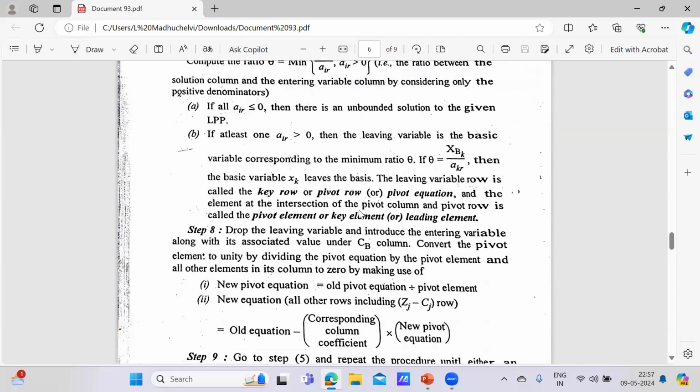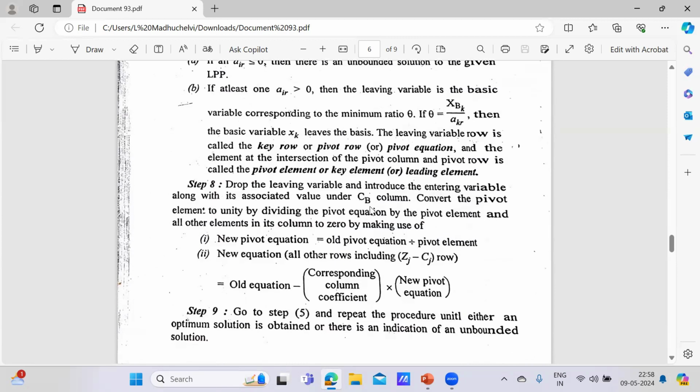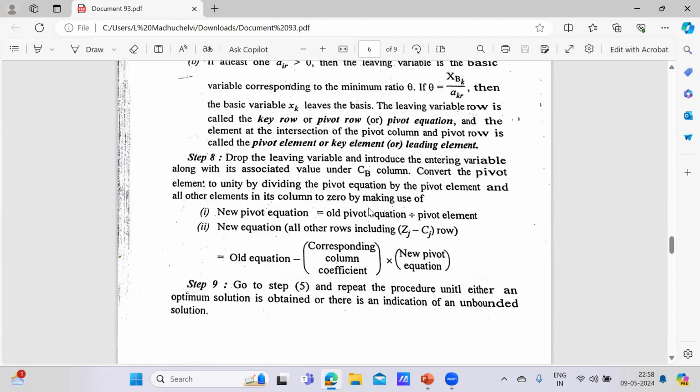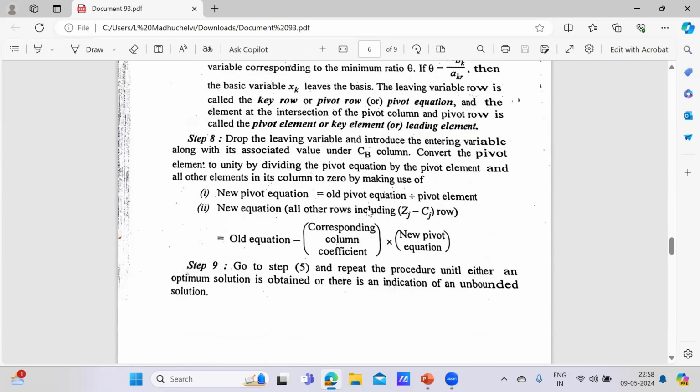The next step is to drop the leaving variable and introduce the entering variable along with its associated value under the CB column. Now convert the pivot element into unity by dividing the pivot equation by the pivot element, and all other elements in its column to 0, using the formulas. First, new pivot equation equals old pivot equation divided by the pivot element.